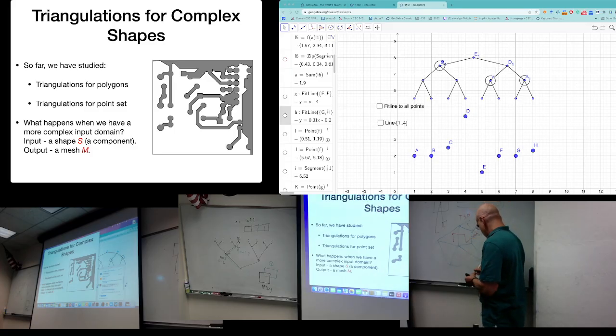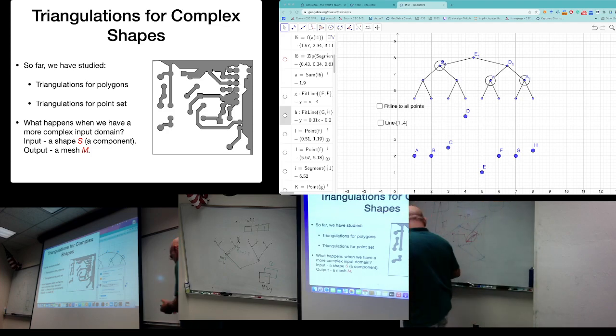Maybe my shortest path goes through this portal, maybe through this other portal, but there are just a few portals that my shortest path can pass through. Does it mean that I'll get the shortest path? Not necessarily, but if my portals are dense enough, then I'm getting something that is very close to the shortest path.